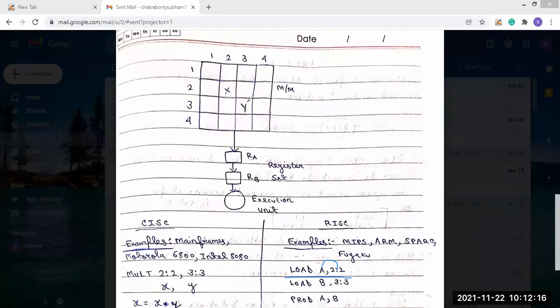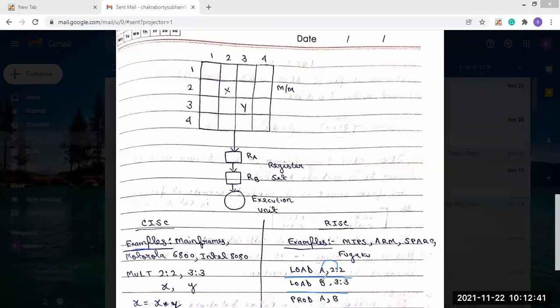Similarly, the Y value stored in the 3:3 location has to be transferred to another register. So the value stored in the 3:3 location is transferred to register B. This is another register.